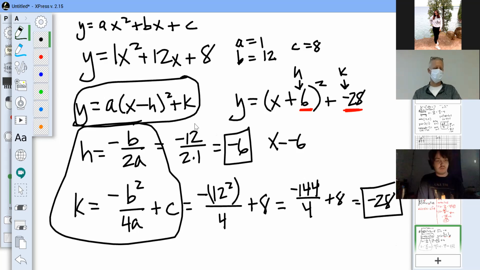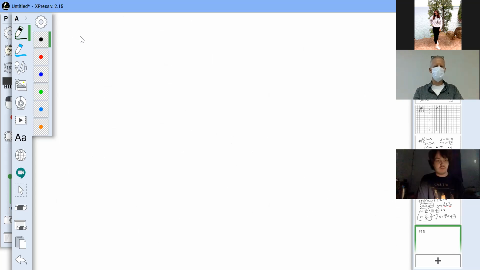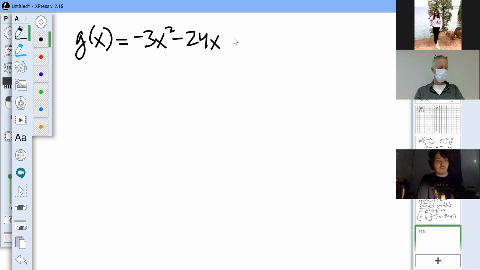So another vertex calculation. Instead of going to the PDF, let me just do it this way, because I want to be able to write without having to go back and forth, and it's just going to be a mess. Okay, so here's my function, -3x squared. And then I'll go to the PDF for that application problem, and that also is just a vertex thing.